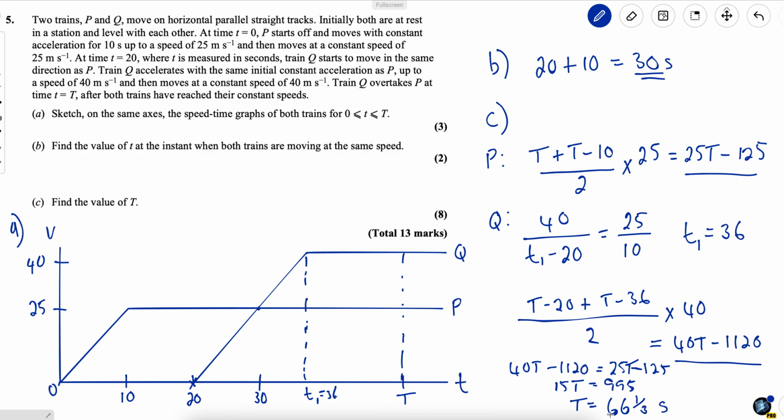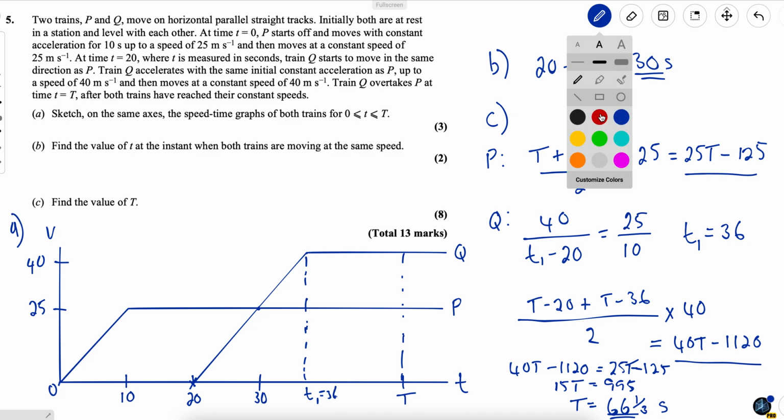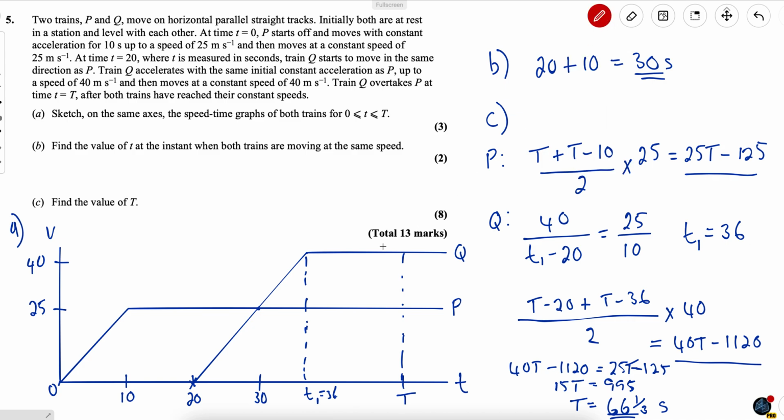Marks wise for this question, there's an understanding mark for each of those graphs for the correct shape. So you must have a diagonal line followed by a straight line for each one.